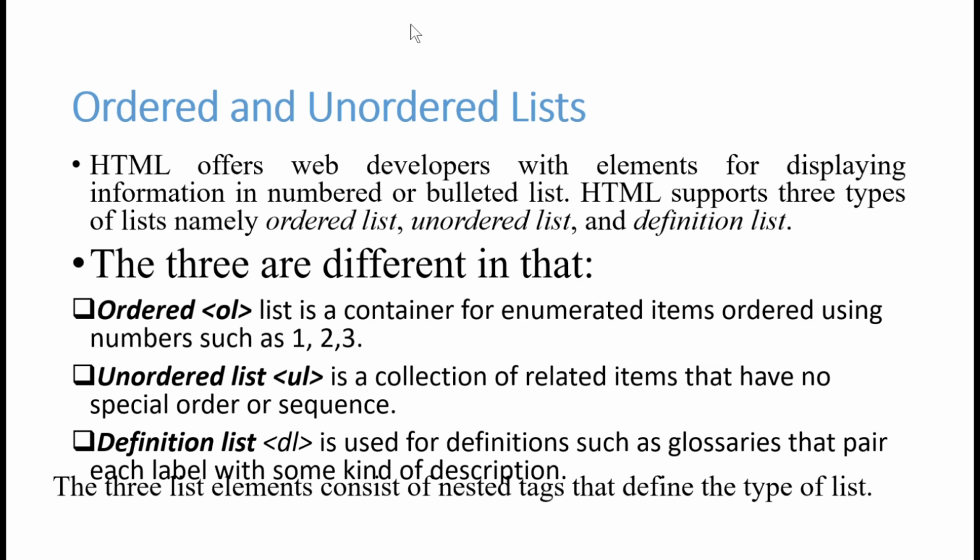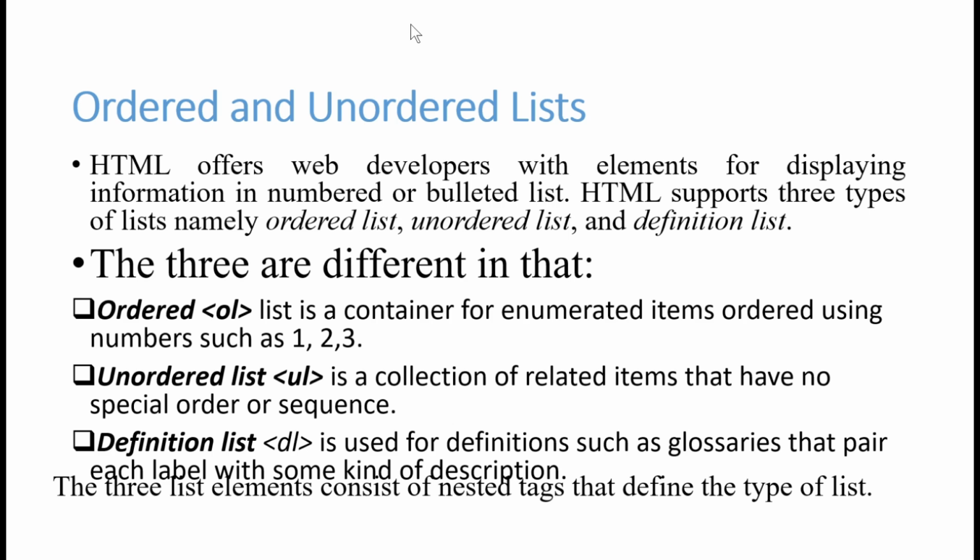While an unordered list, their tag is the UL tag, which has to open and close, is a collection of related items that have no special order or sequence.